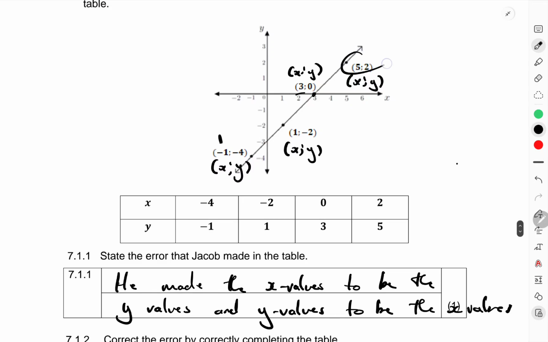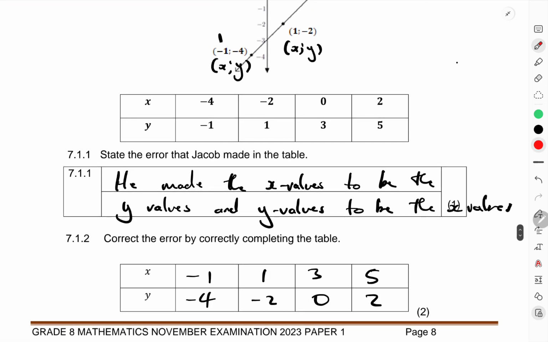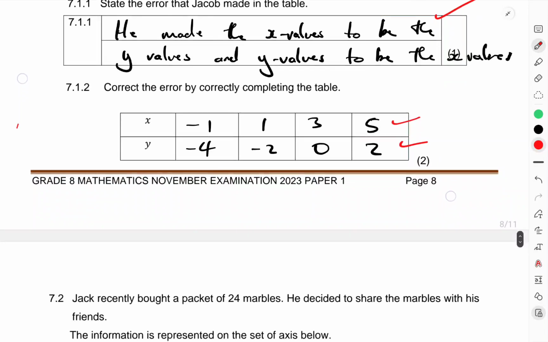Then I have a pair here, 5 is to 2, meaning the x value is 5 and the y value is 2. Now that is the correct approach that Jacob was supposed to do. We are going to receive 1 mark for identifying the error and 2 marks for writing your ordered pairs correctly on the table, unlike Jacob.